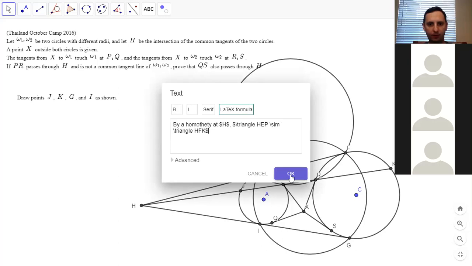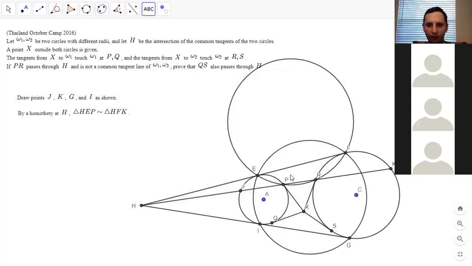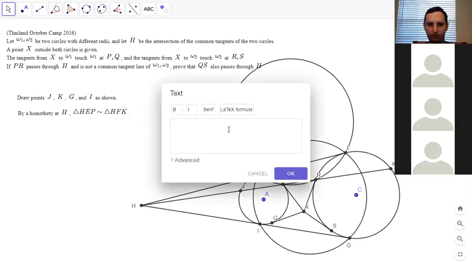Then we have angle EPH is FKH. And that is equal to angle FRK. And so that means that EFPR is cyclic.